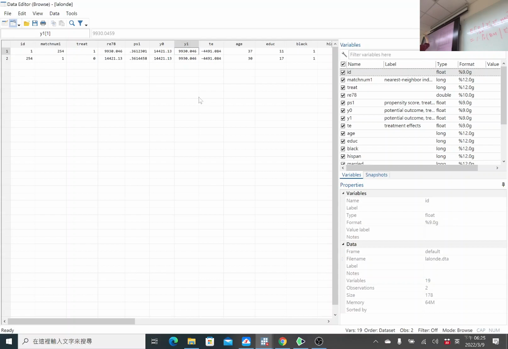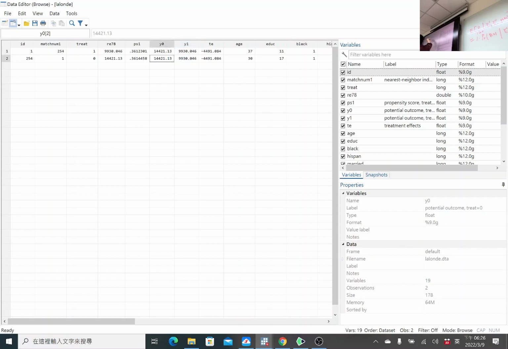Because they have the same propensity, they match each other. So for the treatment group, unit 1's y0 actually comes from the matched control group's observed outcome.